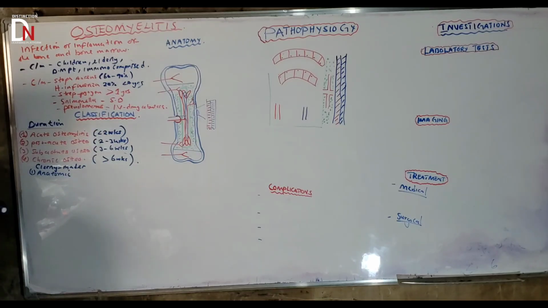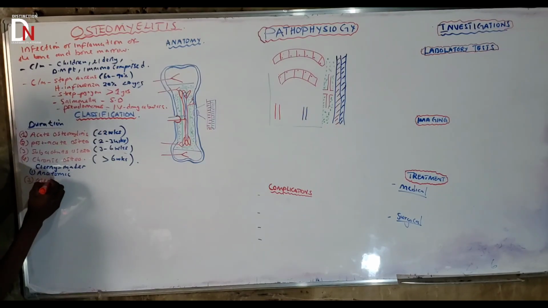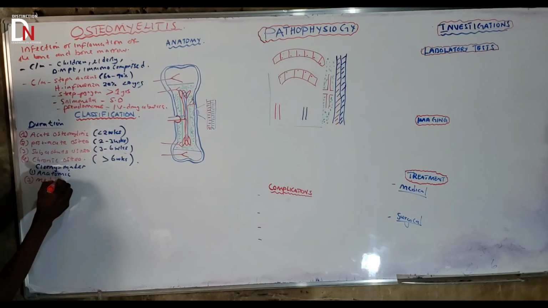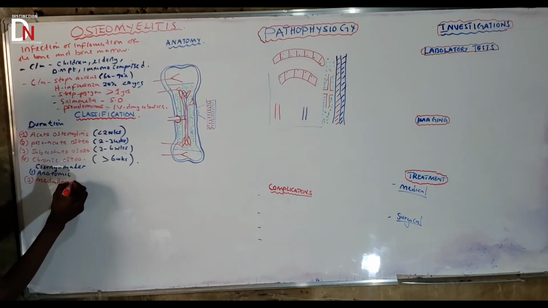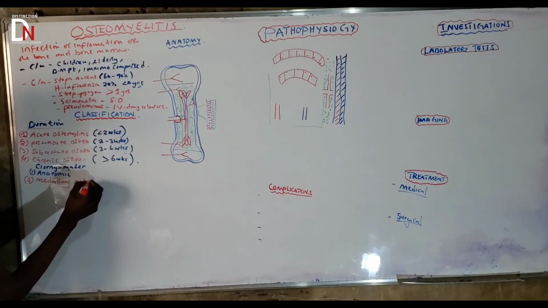So what is the first anatomic class for Cierny-Mader? The first one is what we call medullary osteomyelitis.